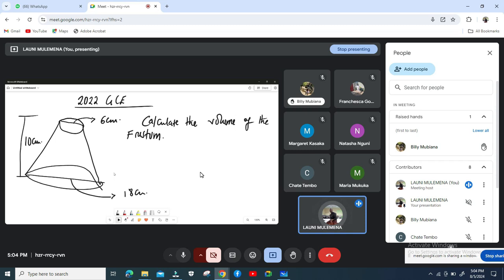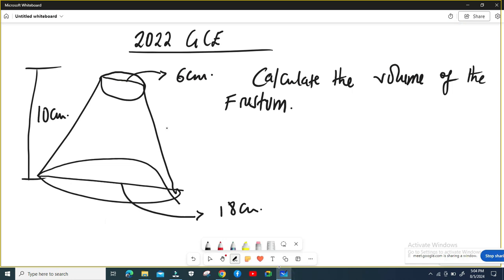So how do you identify that this is the Frustum of a cone? Yes, Billy. Sir, looking at the diagram there, this one is just like a cone, and then they removed the upper part there. So, yes, it's a cone shape.